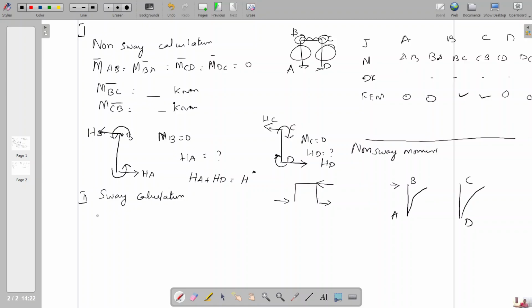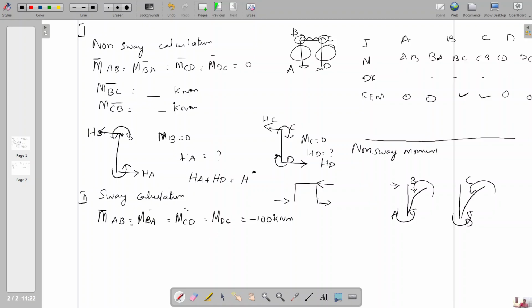So we assume the fixed end moment values M bar AB and M bar BA and M bar CD and M bar DC equal to minus 100. Let us assume some value of fixed end moment for the sway condition. Why is it minus? Because we know the direction of this moment is always clockwise. So I am assuming a negative value, minus 100.